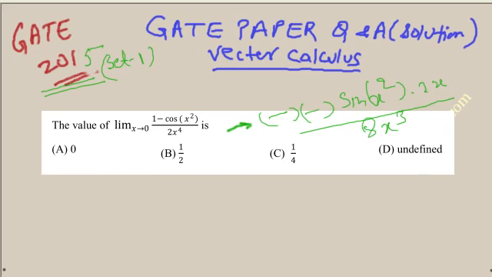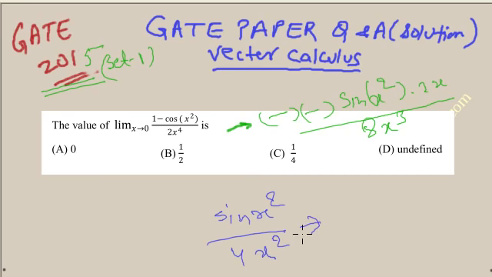Now if you divide this, you will get sin x square into 4x square.